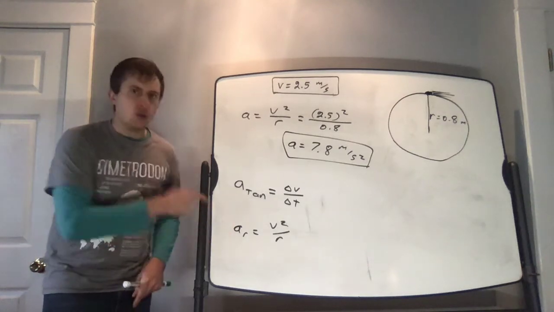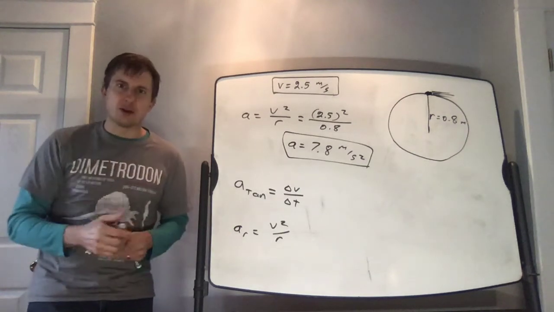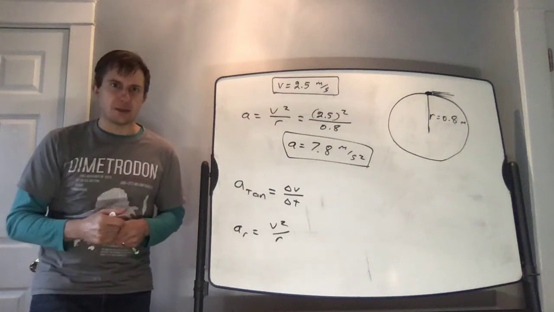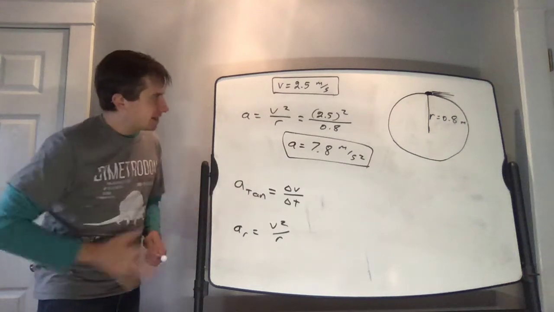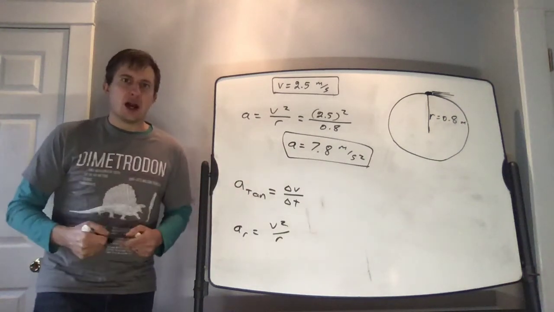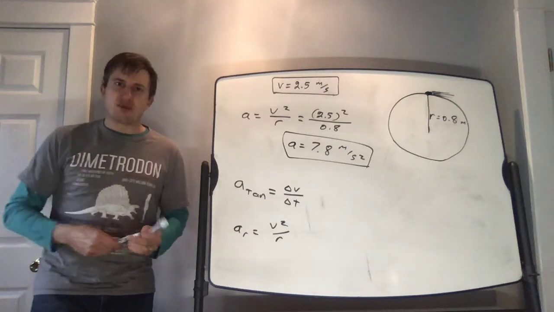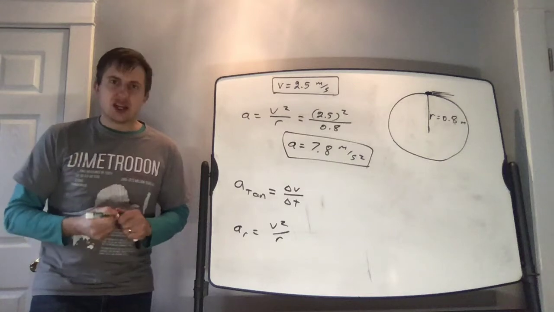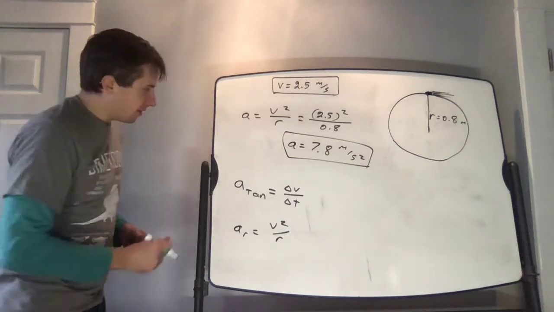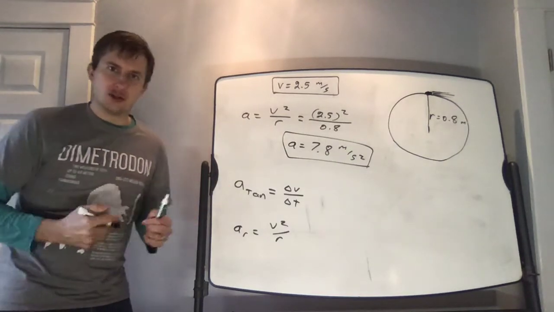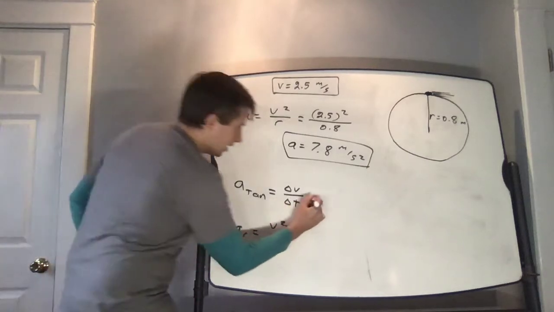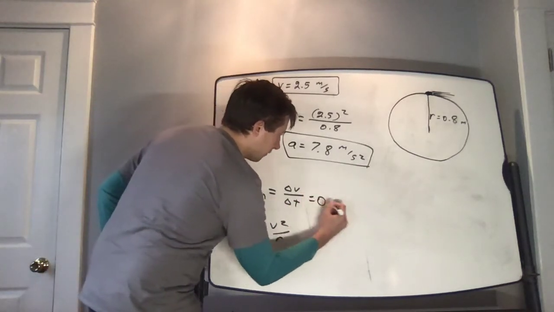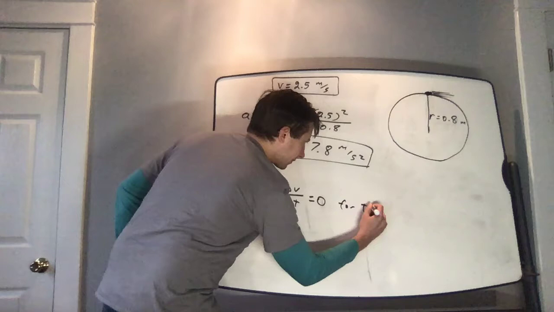And A radial will always be perpendicular to the direction of the velocity. Now, to connect these ideas with what we're doing here, we said at the beginning of this problem we are assuming the object is moving at a constant speed. So for this particular problem, A tangential will just be equal to 0. So I can write this is equal to 0 for this problem.